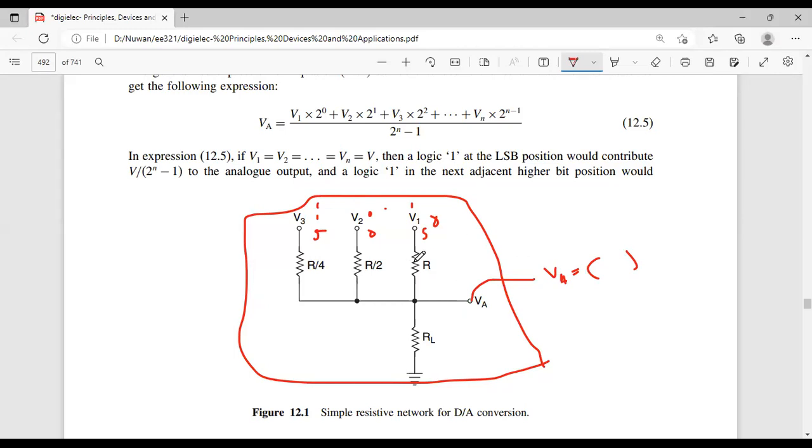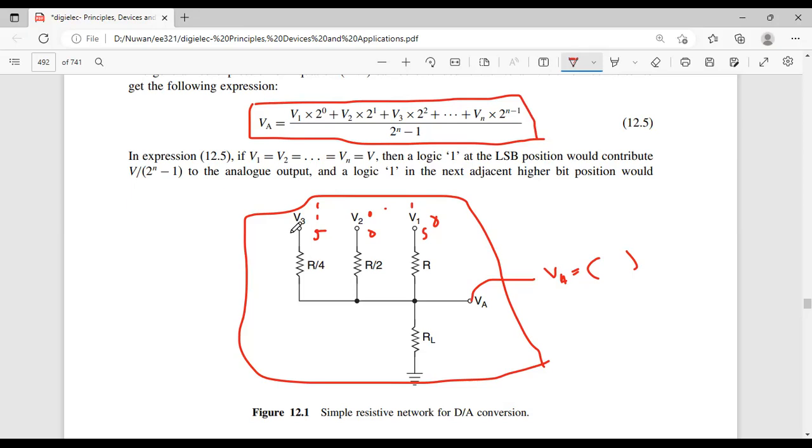So you can use this equation for this diagram, and you can easily find the corresponding voltage value.